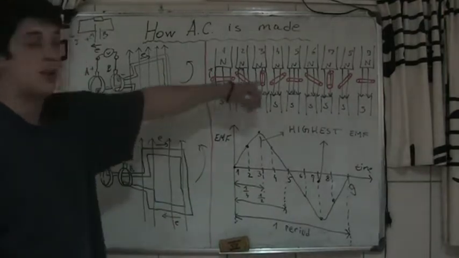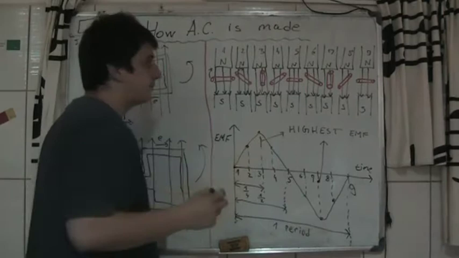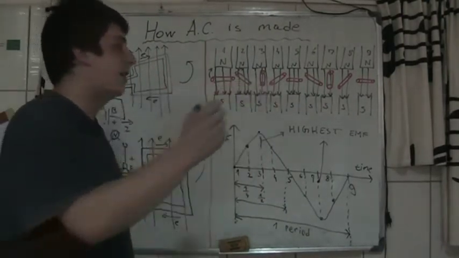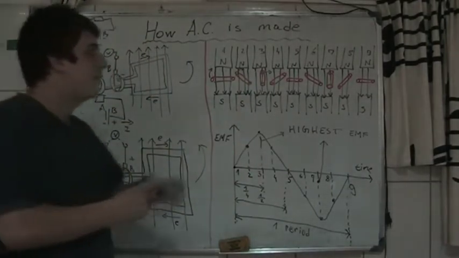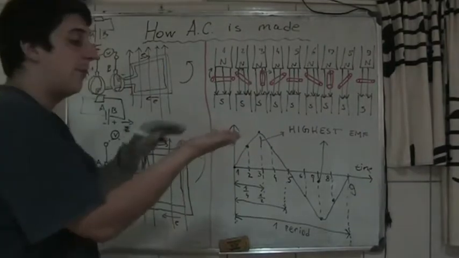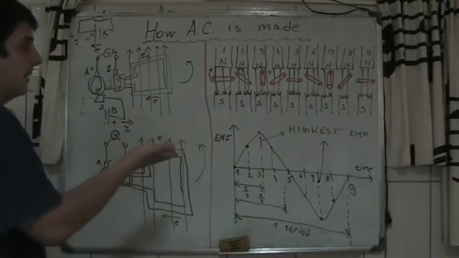In number 3, you have the maximum. Why? Because the velocity, the movement of this conductor, is perpendicular to the magnetic field lines, as you can see here. The thumb shows the direction of the movement of the conductor.